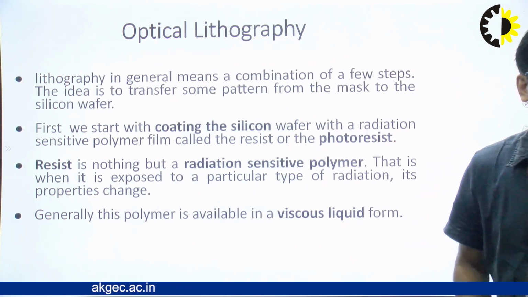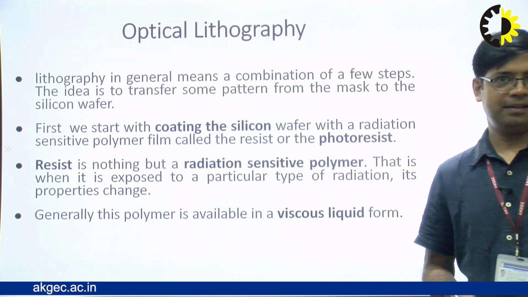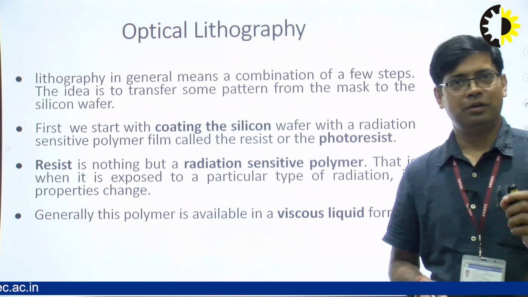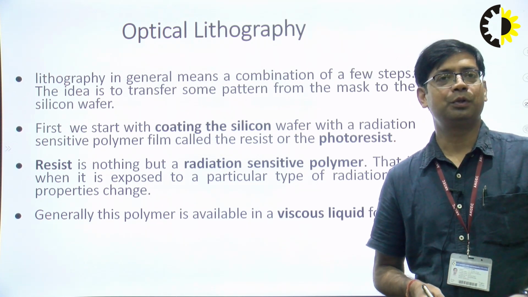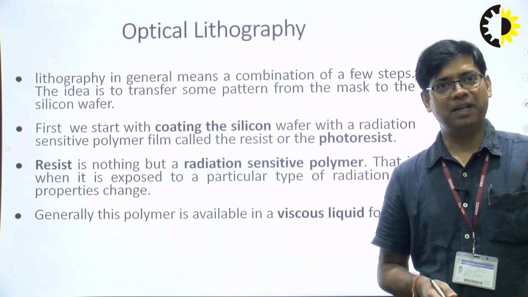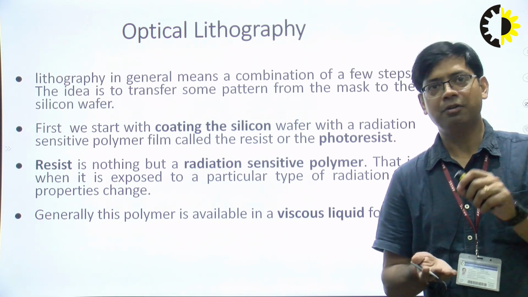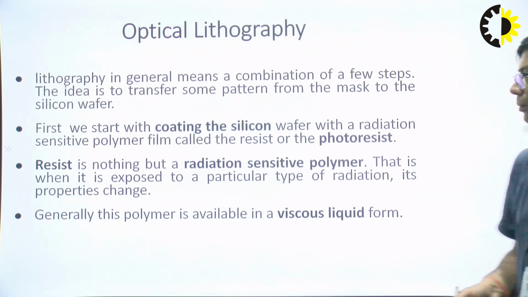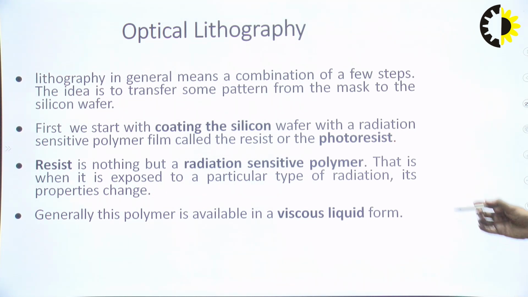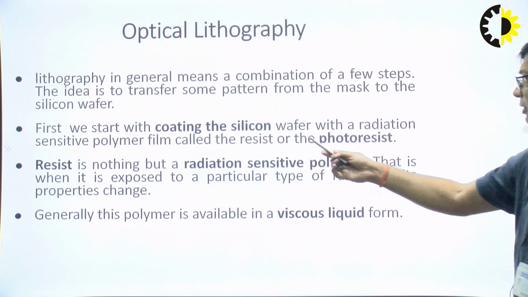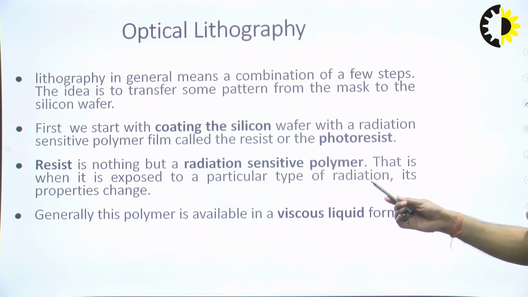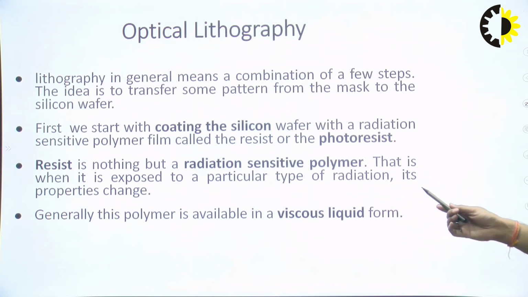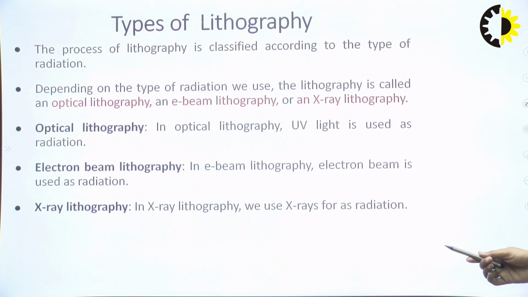So optical lithography, as the name suggests, uses ultraviolet radiations to give the impressions or patterns on the wafer. First of all, in this process, we start with coating the silicon wafer with a radiation sensitive polymer film called the resist or the photoresist.